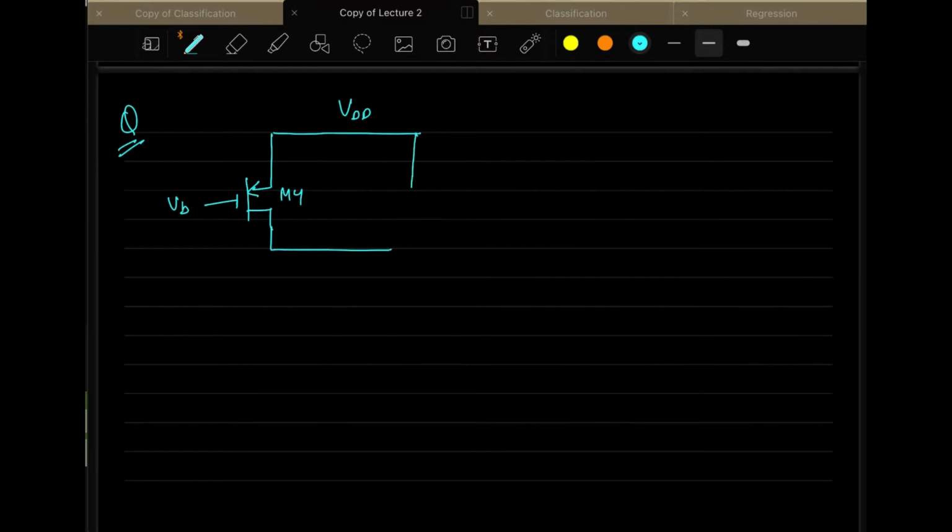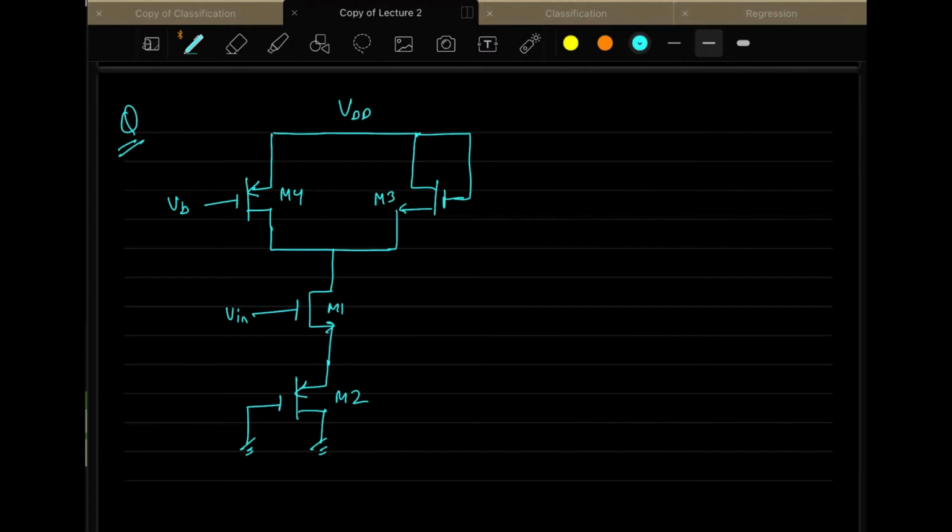Then we have a MOSFET M3 this side, and this is VDD here. Then we have a MOSFET M1, which is V in, and then we have a MOSFET M2 this side, which is here given. And then we have two output voltages, V out 1 and V out 2.